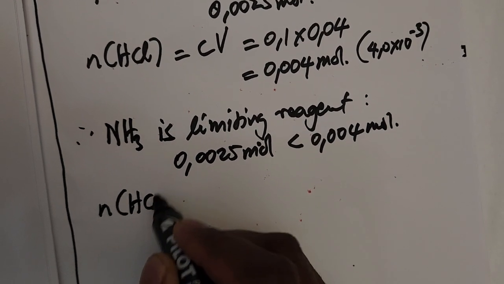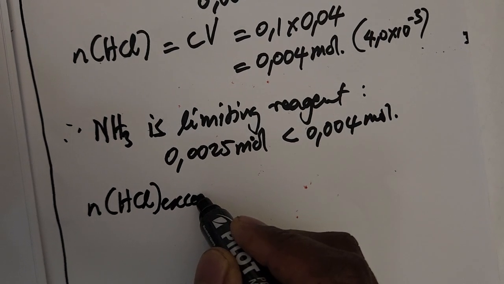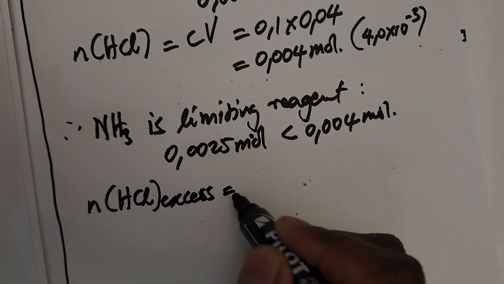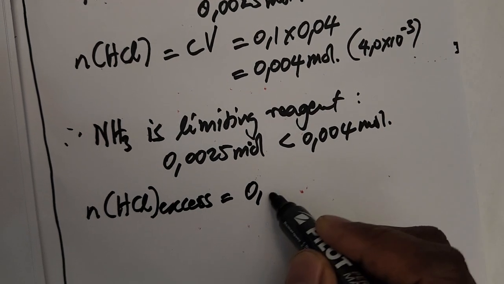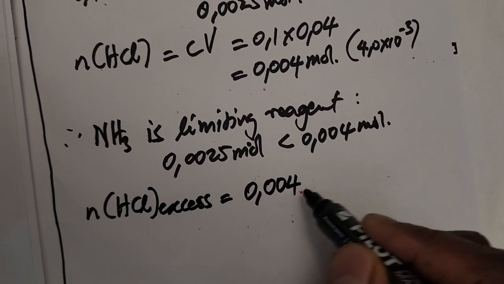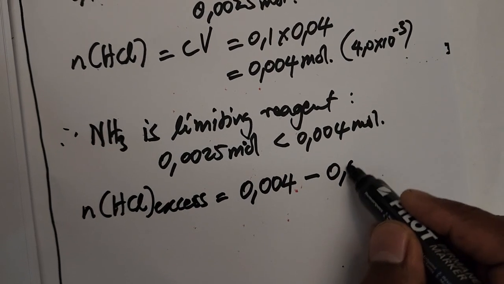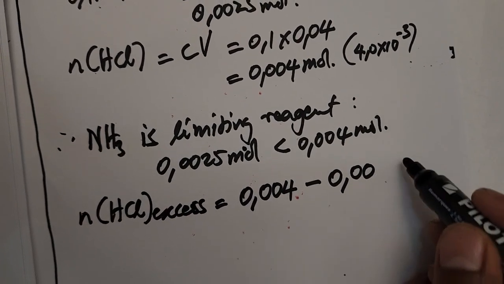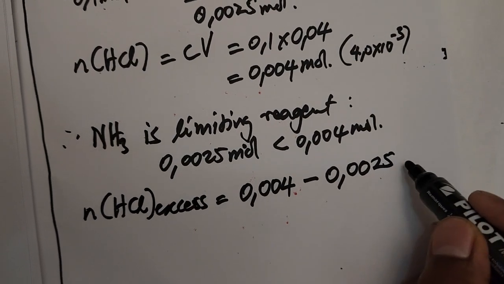HCl in excess in this case will be now, therefore the initial moles, which is 0.004 minus the one that will be used with, because ammonia dictates, then it will be 0.0025.